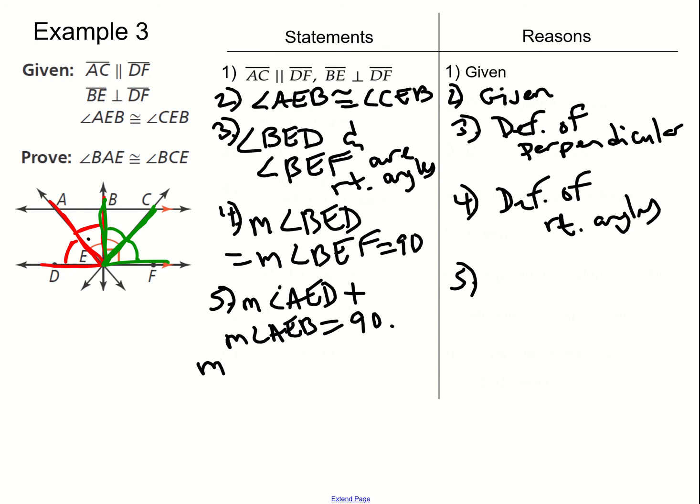So we'll also say the measure of angle CEF plus the measure of angle BEC, or CEB, same thing, is also equal to 90. And the reason for that is the angle addition postulate.